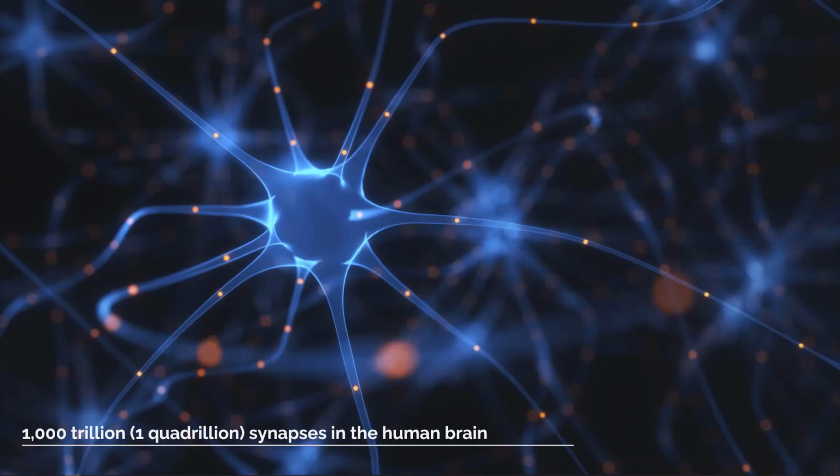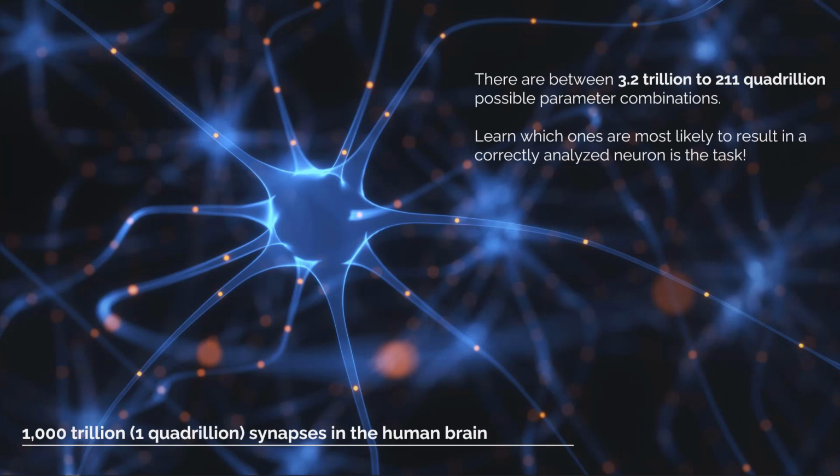And it's somewhere near the number of total synapses that exist in the human brain, 1 quadrillion. We're looking at possible parameter combinations from 3.2 trillion all the way to 200 quadrillion. That's 200 times more than the number of synapses in the brain.